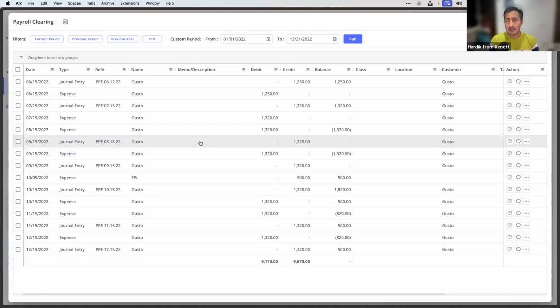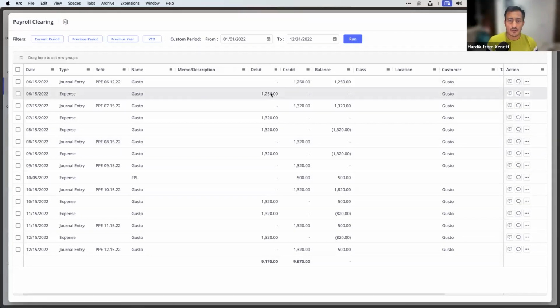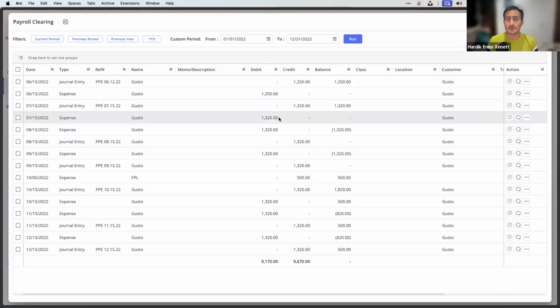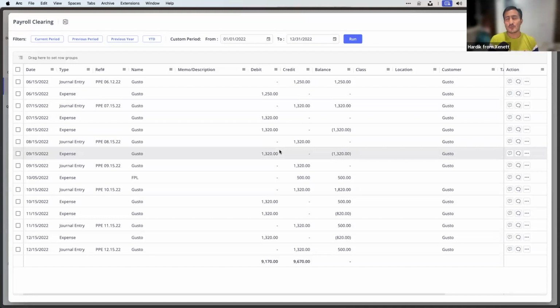So ideally, we would expect to have offsetting entries like 1250, 1250, 1320, 1320, right? Typically this is what happens if we are using a third-party agency like Gusto or ADP or Paychex. So the expectation from this account is that we should expect only the balance that should eventually get paid in the next month.